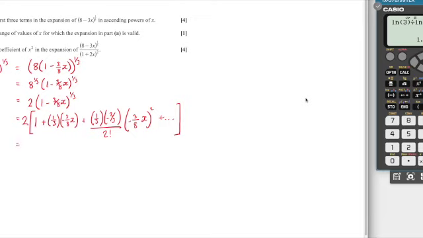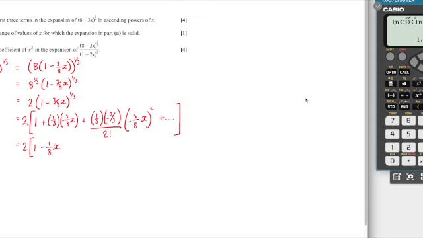So what's that going to be? 2 lots of 1, and then I'm going to have minus an 1/8 x. What am I going to have here? The 3 on the bottom of the fraction is going to cancel with the 3 squared on the top of that one. 2 is going to cancel with the 4, so the minus 3/8 is going to be positive.